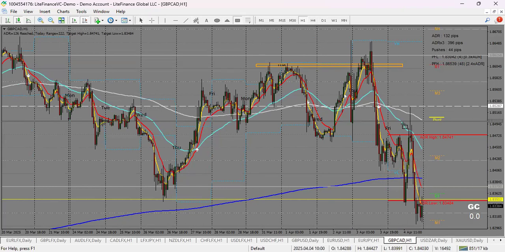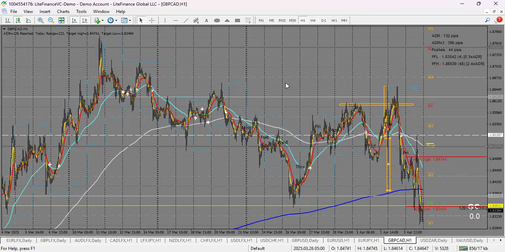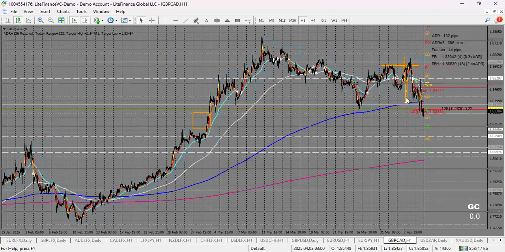And you can see here, like 2 levels here are done. So let's measure the ADR. The ADR is around 132. So with the recent market movements we should be expecting the ADR to increase. The ADR values will increase very soon.